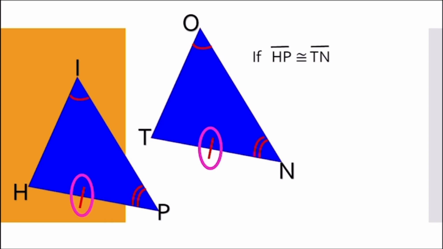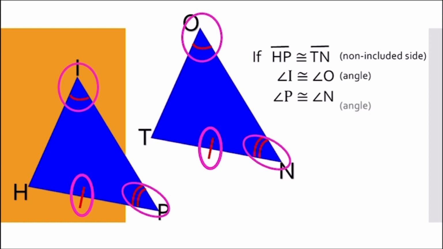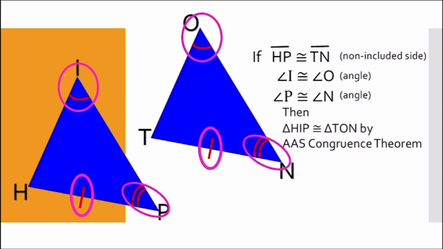If line segment HP is congruent to line segment TN, which is our pair of non-included side, and angle I is congruent to angle O, which is our first pair of congruent angle, and angle P is congruent to angle N, which is our second pair of congruent angle, then triangle HIP is congruent to triangle TON by AAS congruence theorem.